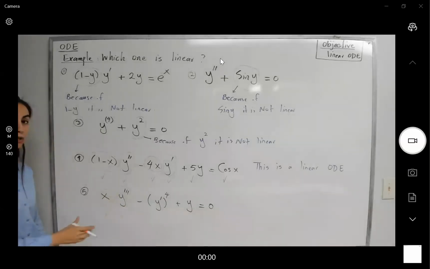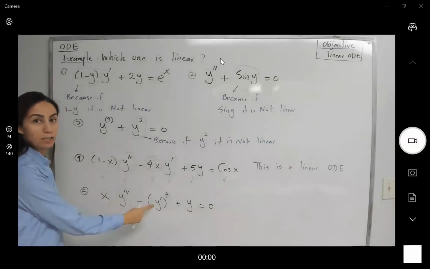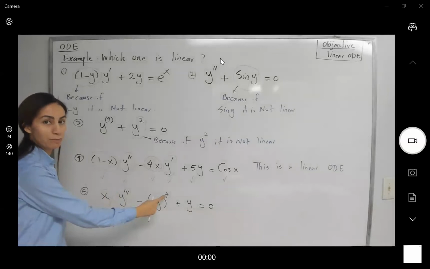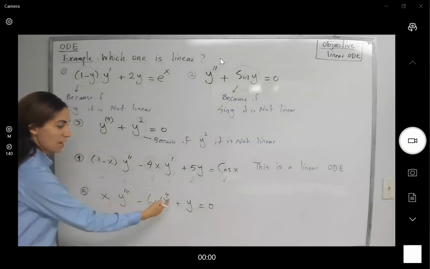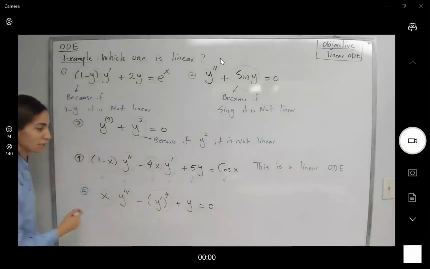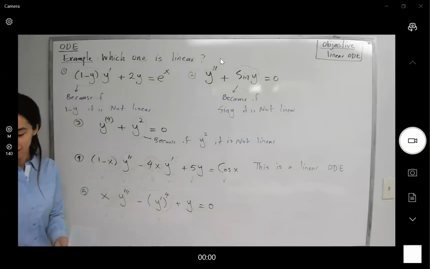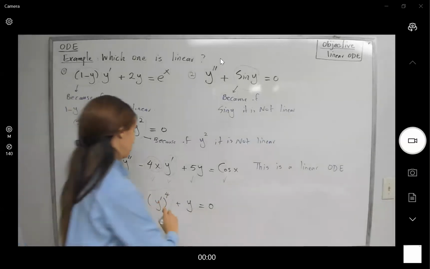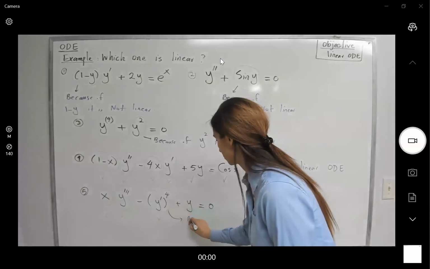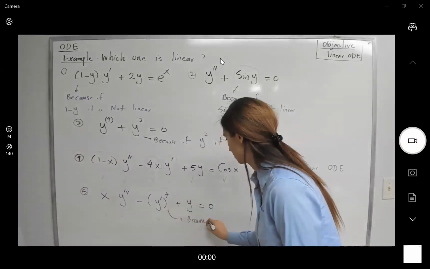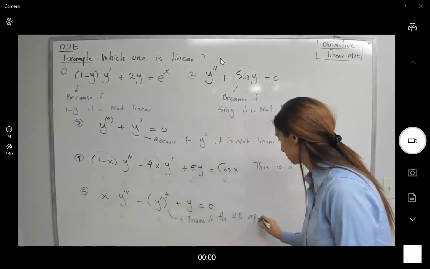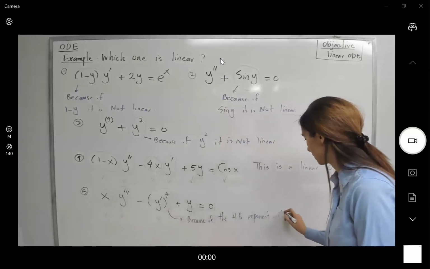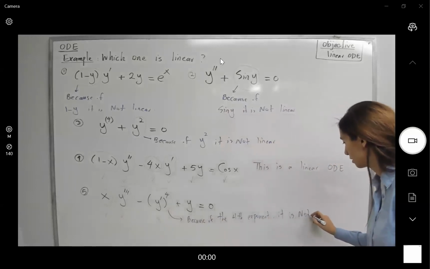We are fine with the first part. However, here you have the derivative of y raised to the fourth power. This is the red flag. Because of this exponent 4, this differential equation is not linear.